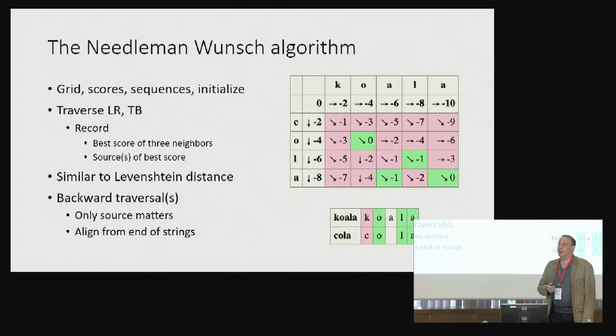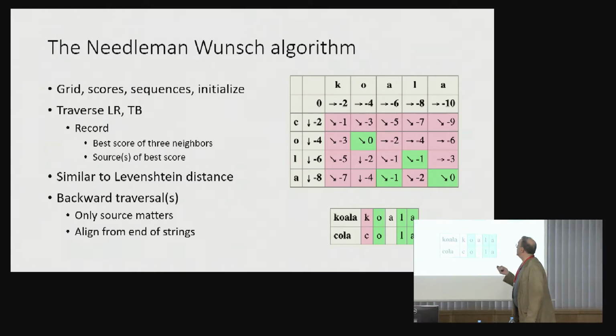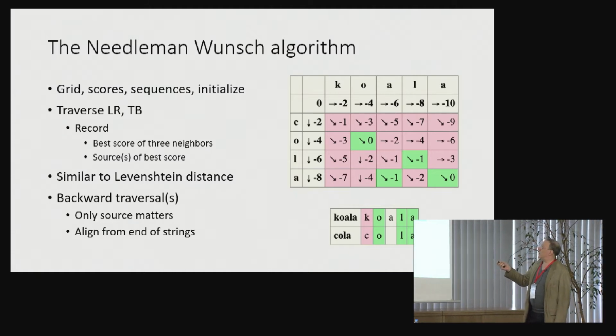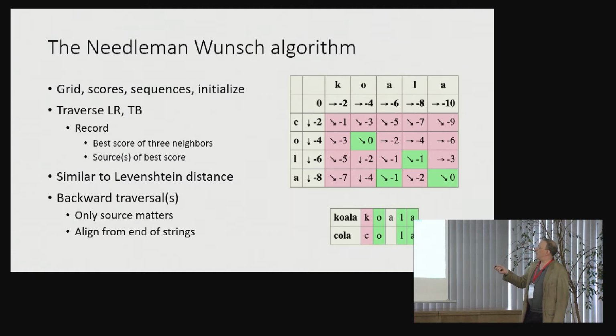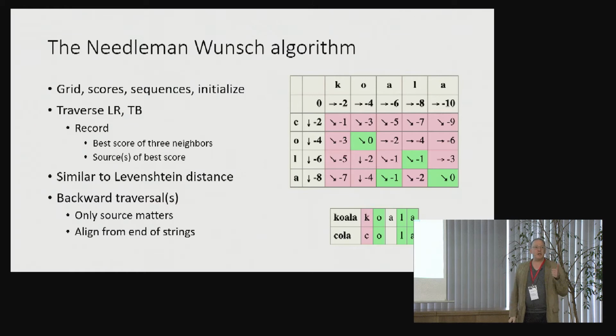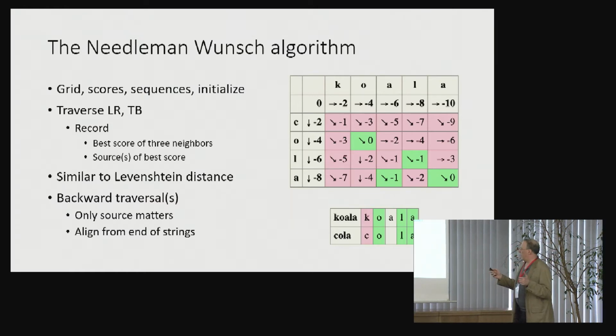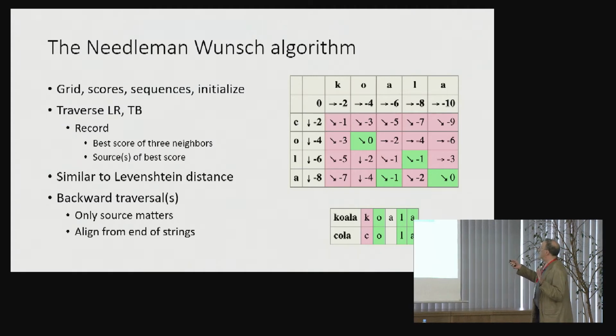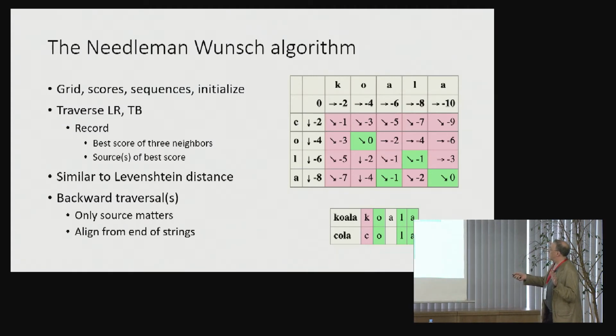I then begin in the first intersection of the first sequence item on the top and the first sequence item on the left. So this is the intersection of this K and this C. In my initialization, none of this stuff is here. All I've initialized is the top row and the leftmost column.